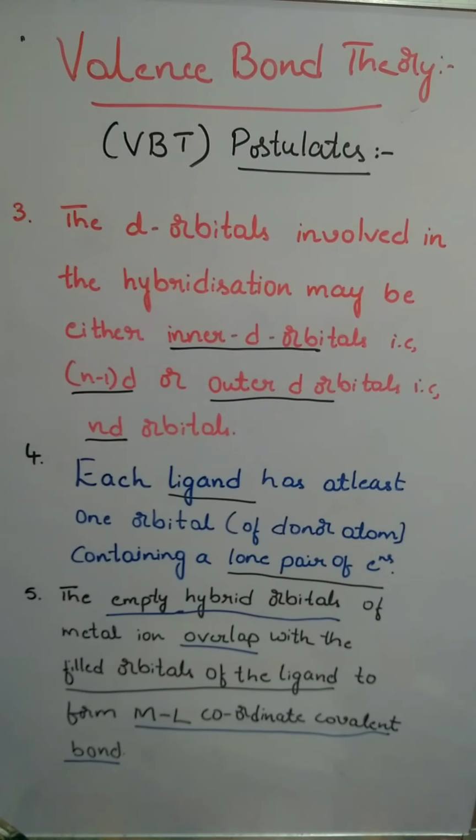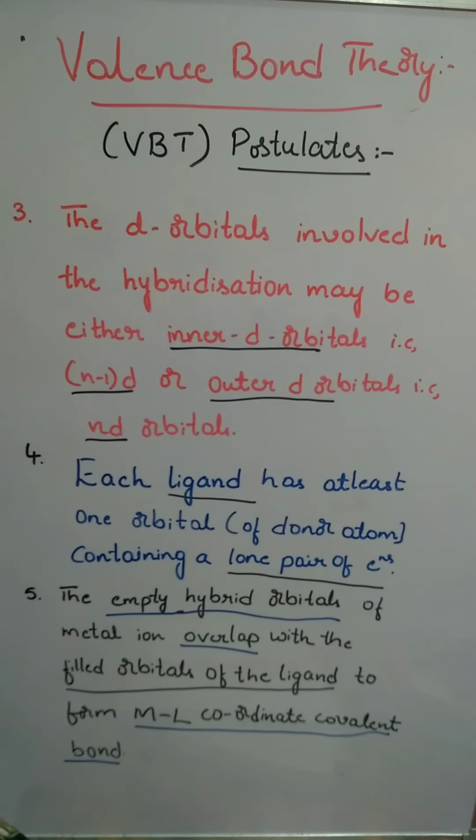We have 4 examples, and we are going to study each one in detail. All these 4 are very, very important, as I said in the beginning. In the question paper we have 2 questions from the coordination chemistry part. The first question is based upon these 4 examples itself.